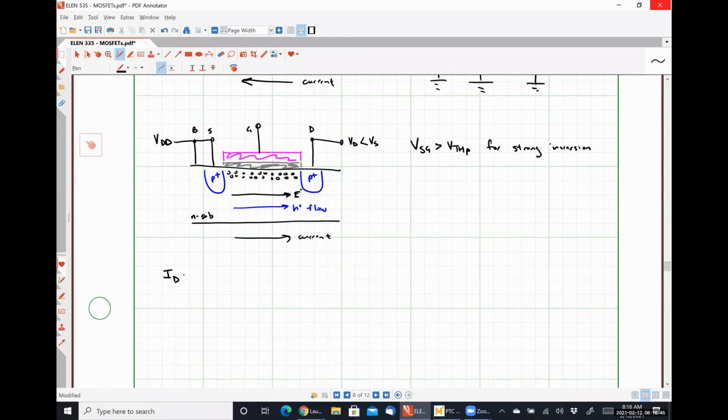So from this, we can say that our drain current, let me draw a picture here to kind of explain what our point of reference is.